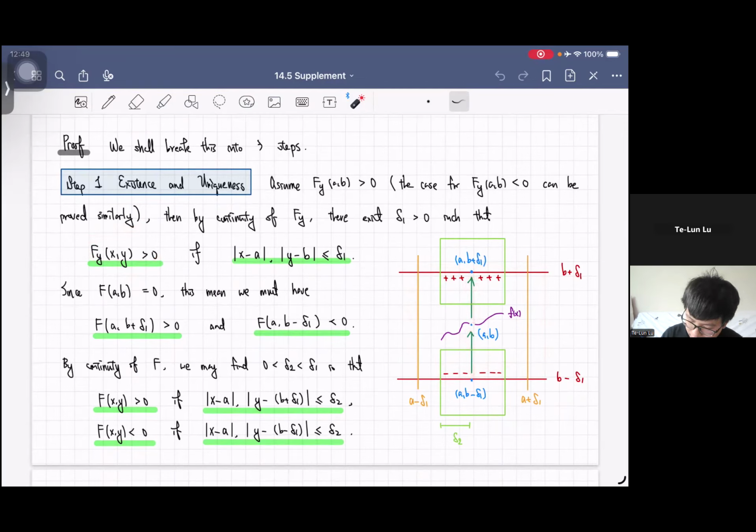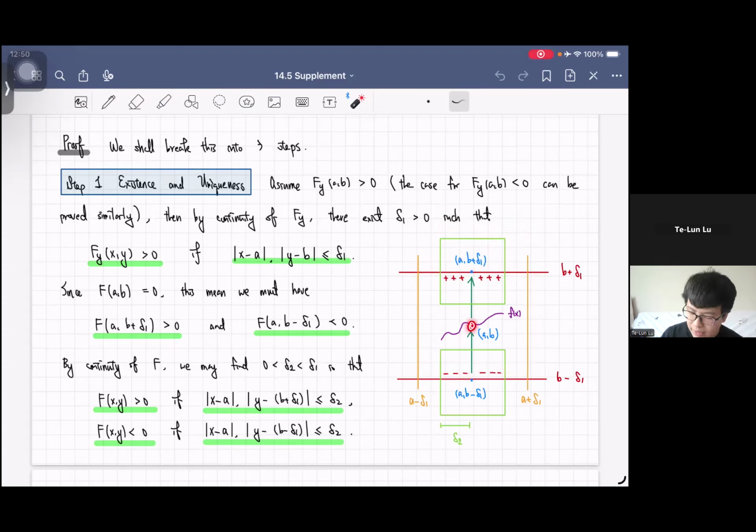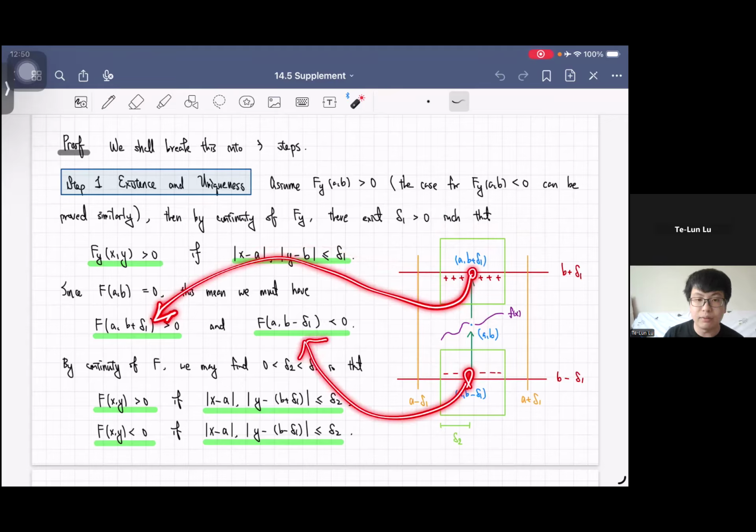Because Fy(x,y) is positive throughout this whole box. So if y increases, then the function also increases. In particular, this point has value 0. So we must have this point having value positive and this point having value negative, right?